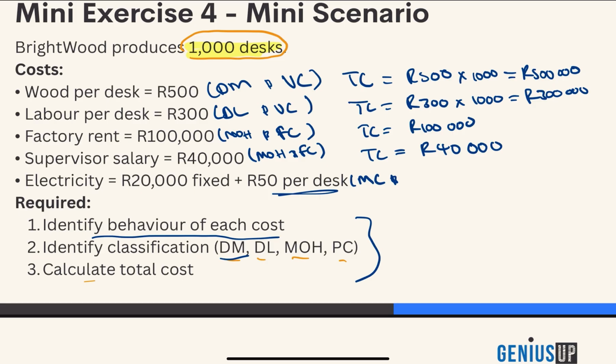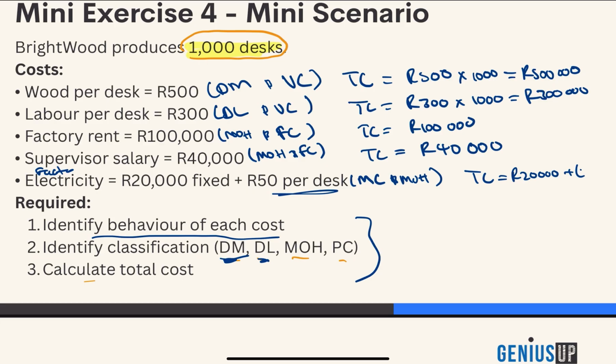And electricity is not direct material, it's not direct labor, but it's still something that we use in the factory. So we need to assume that this electricity is used by the factory. So that's going to be a manufacturing overhead. However, when I'm calculating the total cost now, I know that I always need to pay 20,000 fixed plus the variable component.